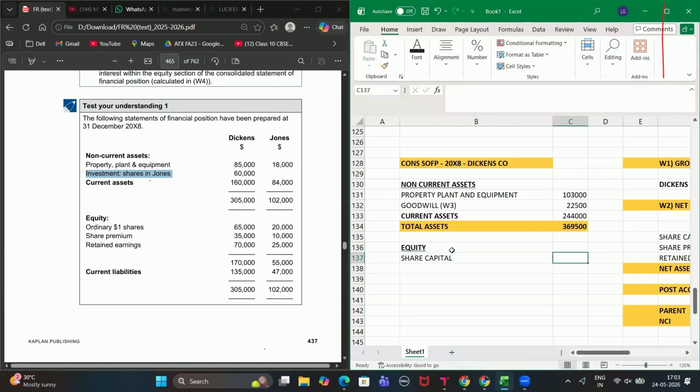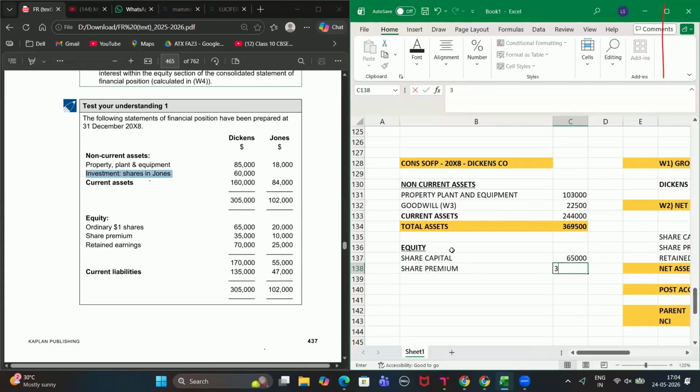I want everyone's response. Will we include the subsidiary share capital in our equity in the consolidated SOFP? Exactly. We won't show the subsidiary share capital. Our share capital is 65,000.